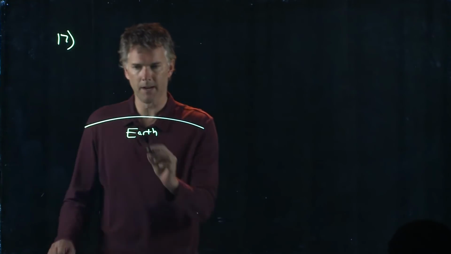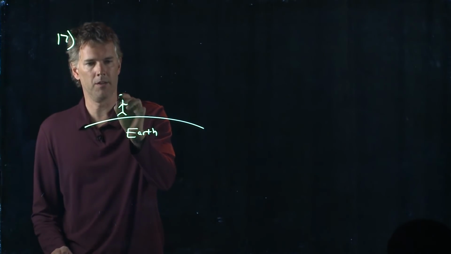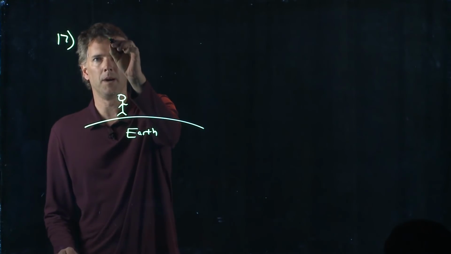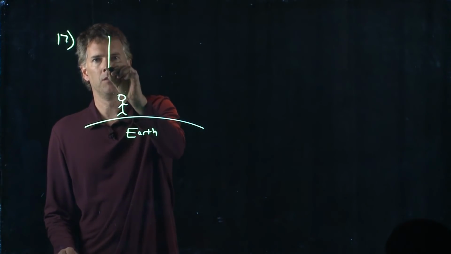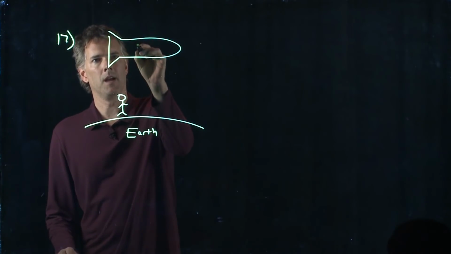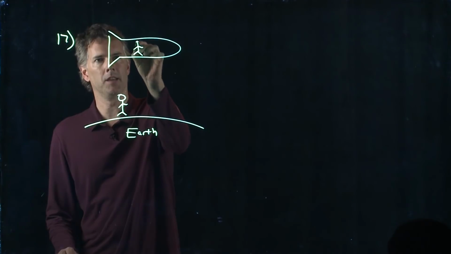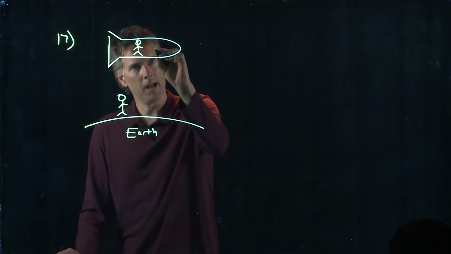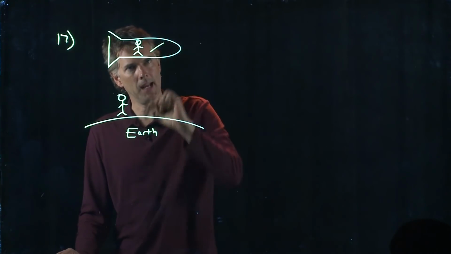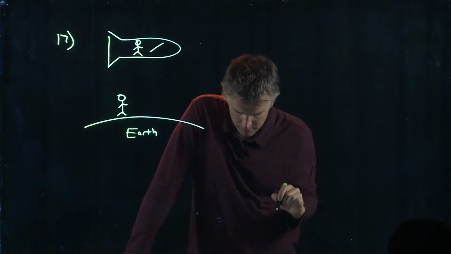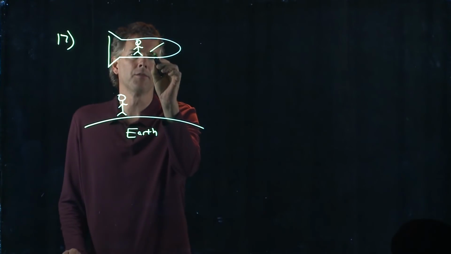Okay, here's Brian standing here on Earth, and he's observing Hans flying by in a spaceship. So here is our spaceship, and Hans is standing in there, and he's holding a pencil, and that pencil is making an angle of 30 degrees relative to the direction of travel.